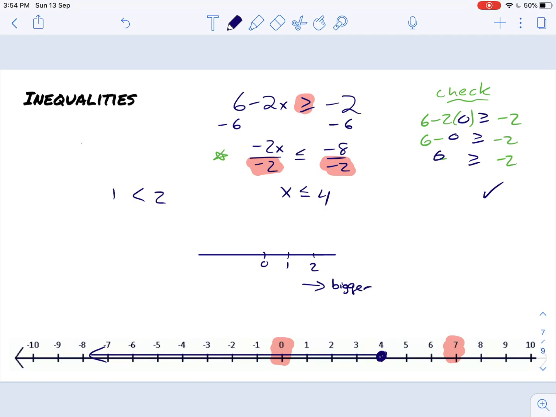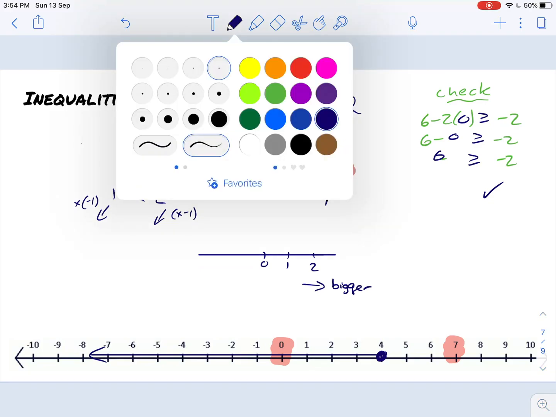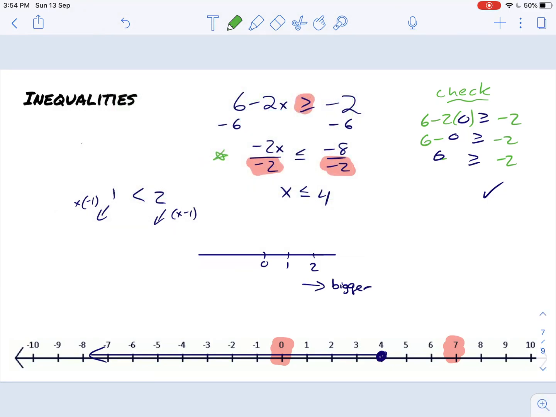Well, if you took the 1 and 2, and let's say I multiplied both of these by -1, then the 1 becomes -1, and the 2 becomes -2. If you think about it on the number line, the -1 is there, -2 is there.